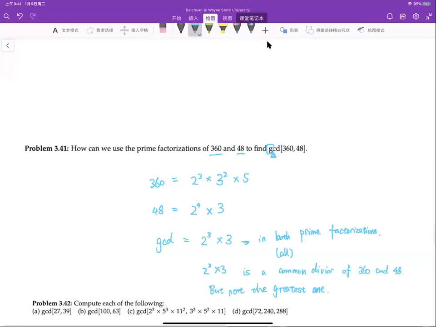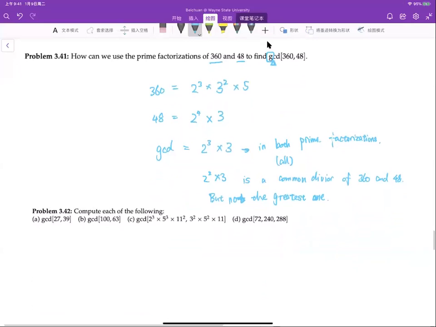Because we are looking for the greatest common divisor, we want to pick the exponents as large as possible. So this is the greatest common factor of the two numbers, and you just pick them from the prime factorizations.